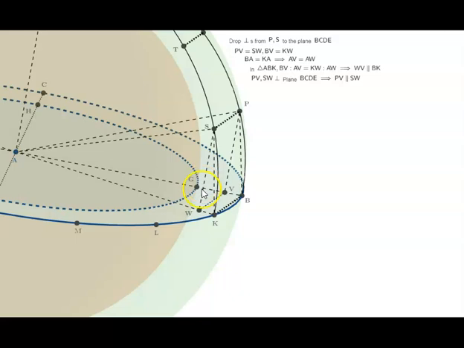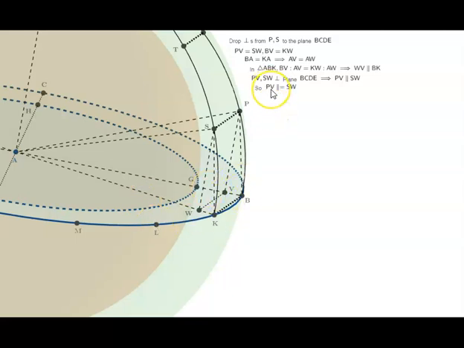PV and SW, they are both perpendicular to the plane BCD, which means that PV is parallel to SW. Why? Because perpendiculars to the same plane are parallel to each other.